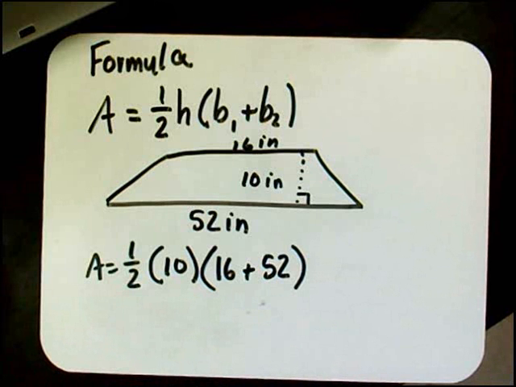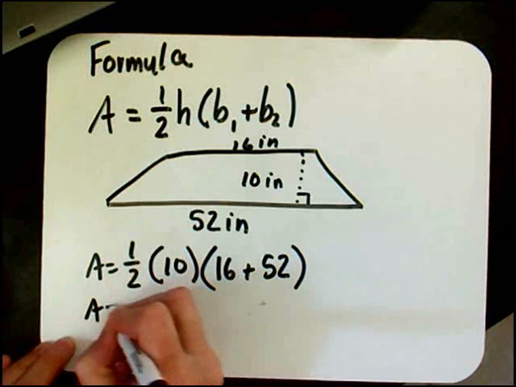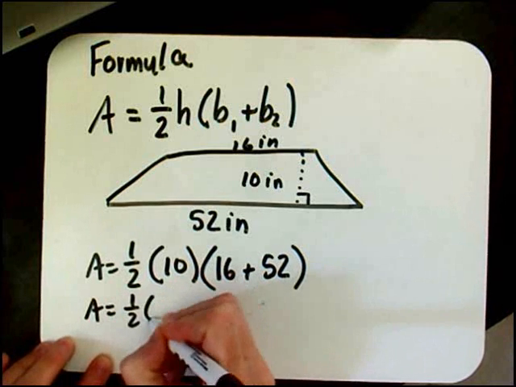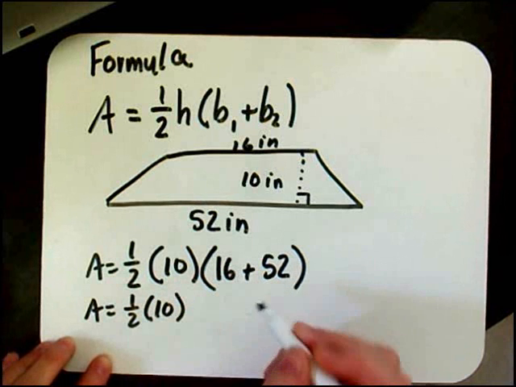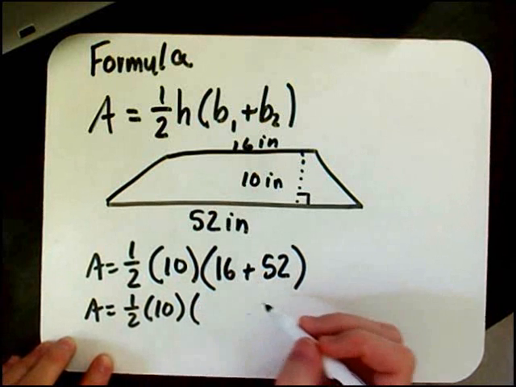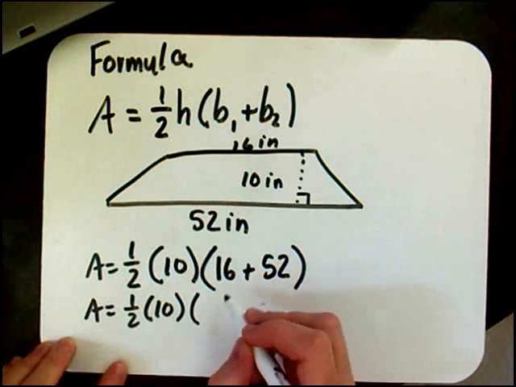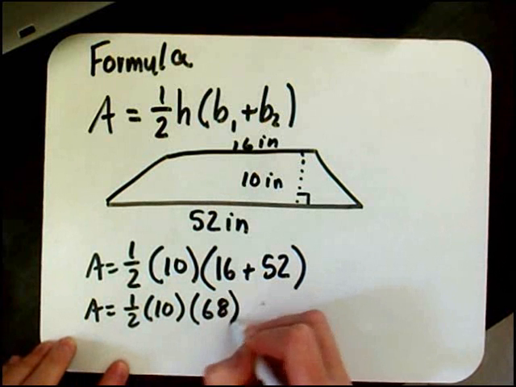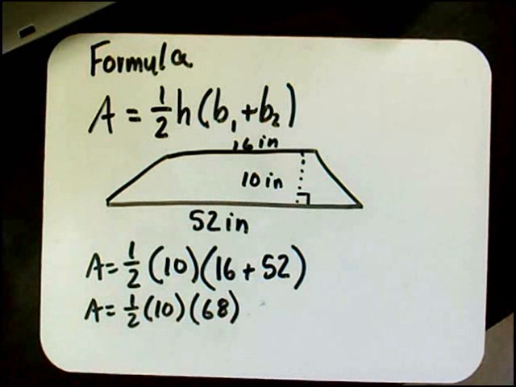First things first, order of operations. Inside grouping symbols first. We have a 16 plus a 52. So 16 plus 52 gives us 68. So now we have area equals 1/2 open 10 close parentheses open parentheses 68 close parentheses. Now we have all multiplication. We have 1/2 times 10 times 68.